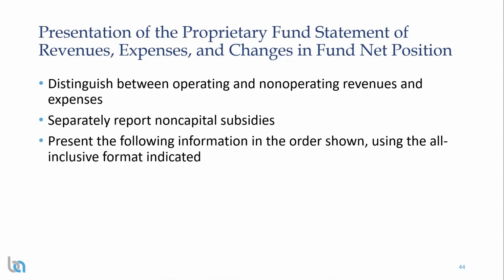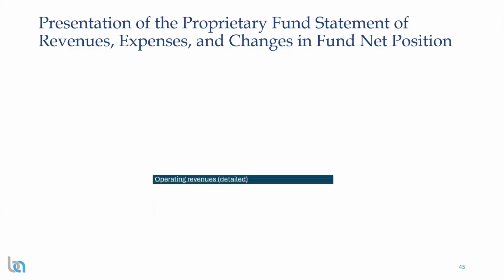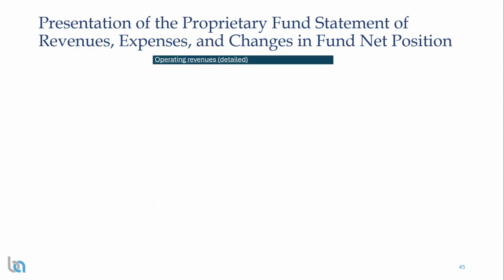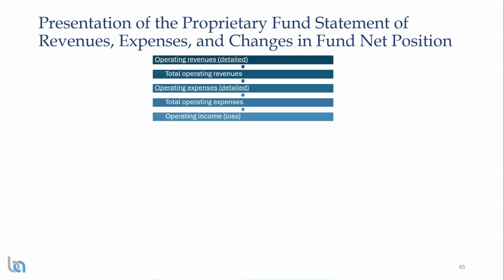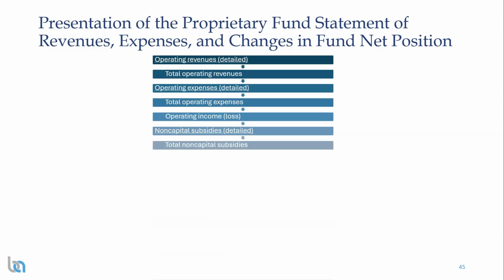Present the following information in the order shown, using the all-inclusive format indicated. So operating revenues in detail, total operating revenues, operating expenses in detail, total operating expenses. Then you have operating income or loss. Then non-capital subsidies in detail, then total non-capital subsidies.